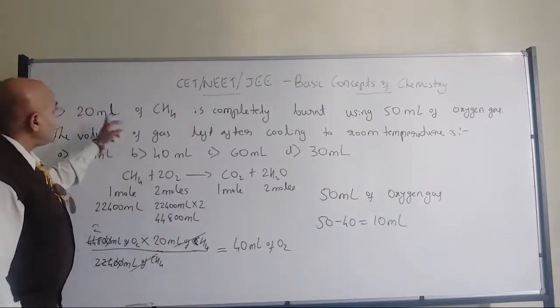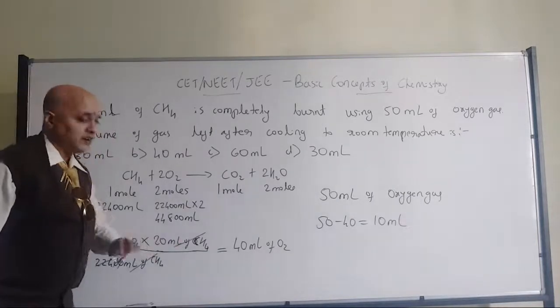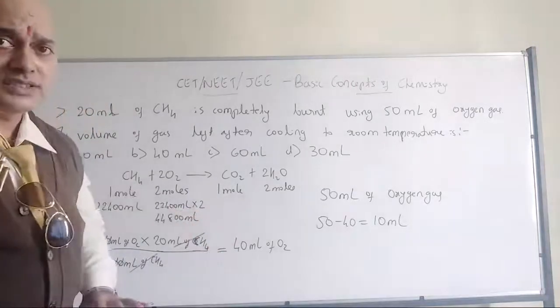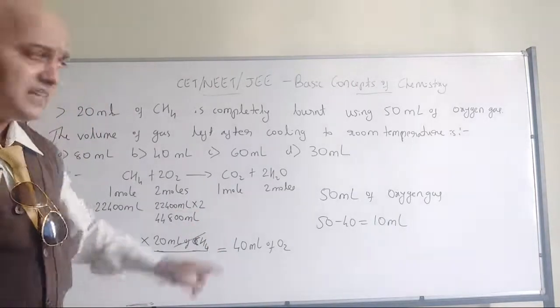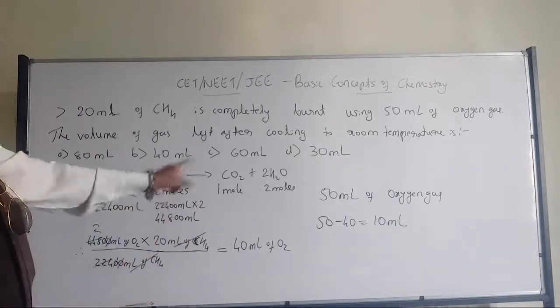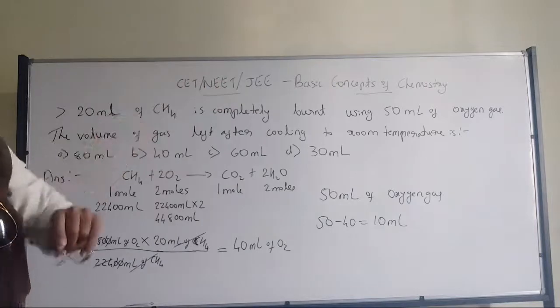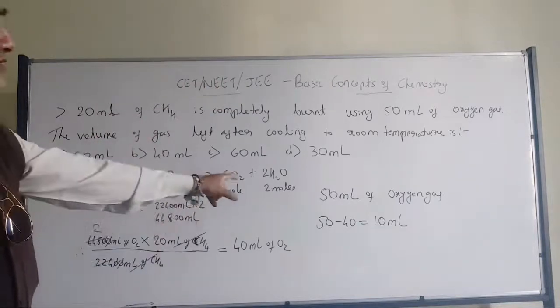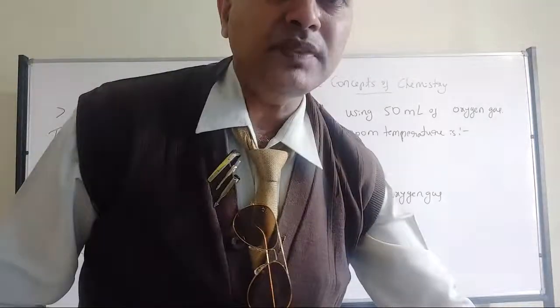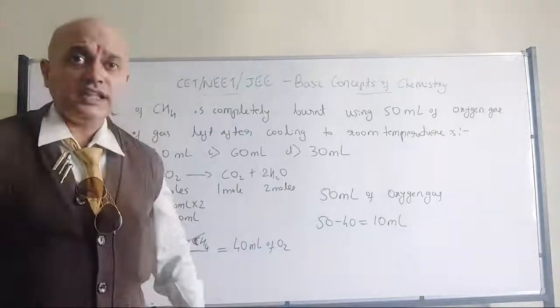So how much for the given volume of methane? That's where 40 ml of oxygen will be utilized. That shows that 40 ml of oxygen will be burnt. So leftover I have to calculate because 50 ml is given. So 50 minus 40 is 10 ml, because volume supplied is 50 but utilized one is 40.